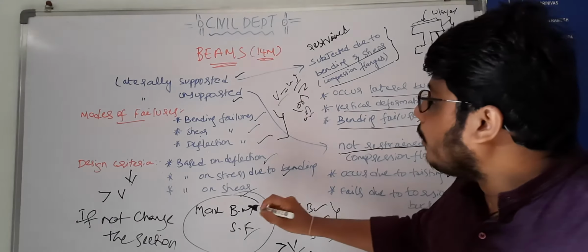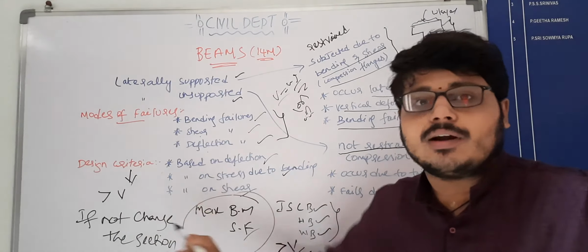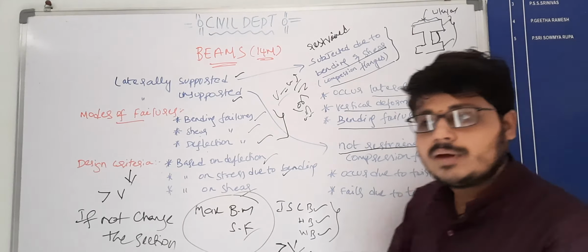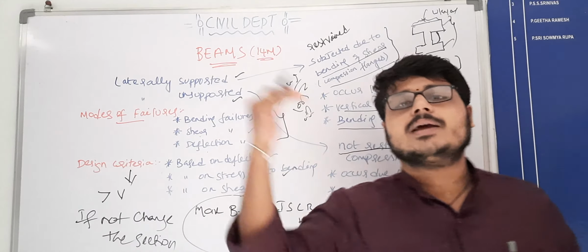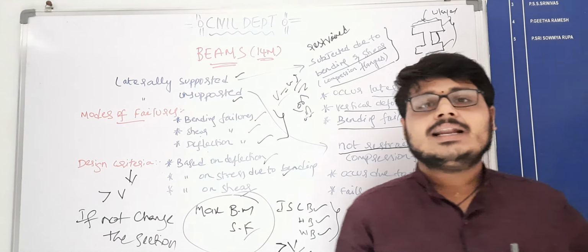So the design properties must be greater than V. If not, change the section: ISLB 500 to ISLB 550, ISWB 500 to ISWB 550, or increase or decrease the sectional height.